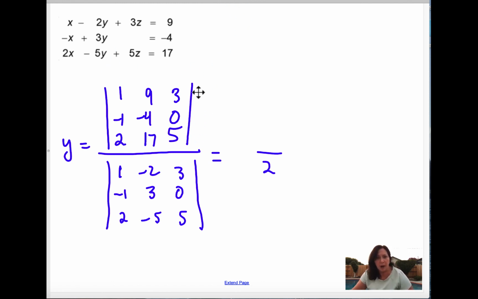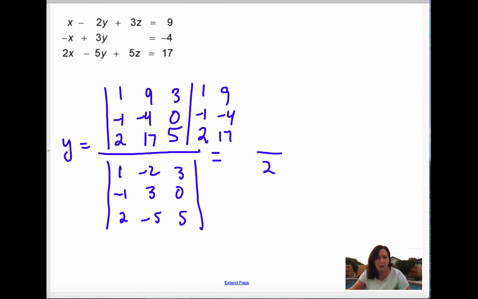So we're going to rewrite the first two columns, which are 1, negative 1, and 2, and then negative 2, 3. Oh, wait a minute. Hold on. I'm doing the denominator, actually. So we have 1, negative 1, 2, and then we go 9, negative 4, and then 17.